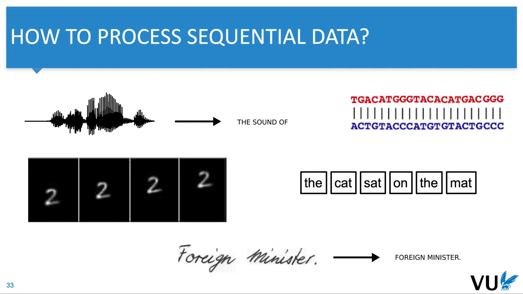There is some sequential dependency in how they occur, and this sequential dependency is determined by biochemistry, by physics, chemistry, and so on. So it is not always about time dependency, but very often it is. This sequential character of data can be spotted in many different applications, especially real life applications.